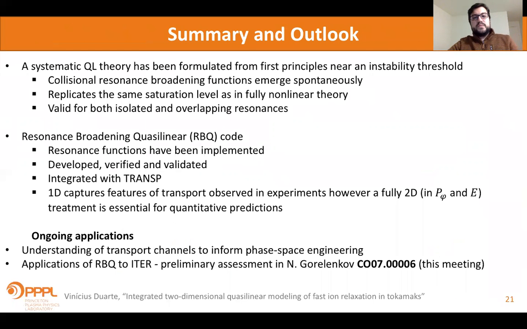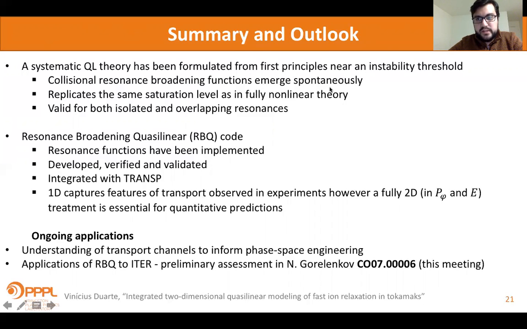So my summary and outlook is that in the first part of the presentation, I showed a new quasilinear theory systematically derived near marginal stability. The outcome of that work is that the broadening functions that appeared in the diffusion coefficient of the quasilinear diffusion equation emerged spontaneously.